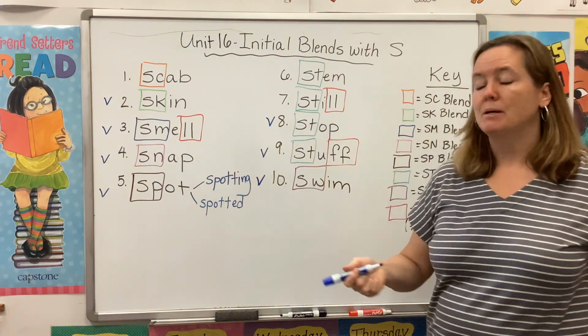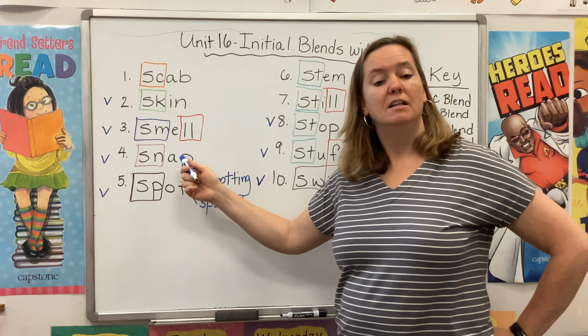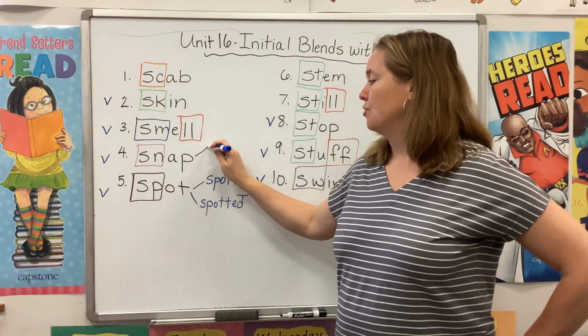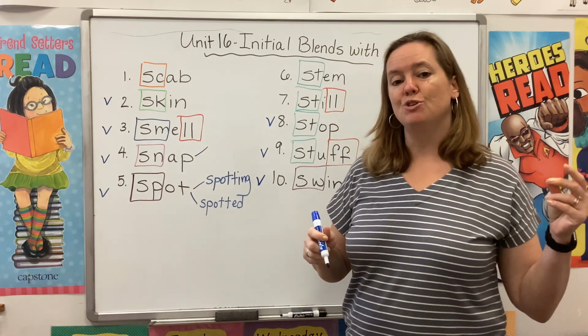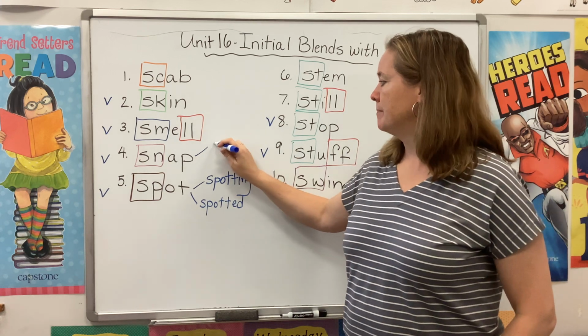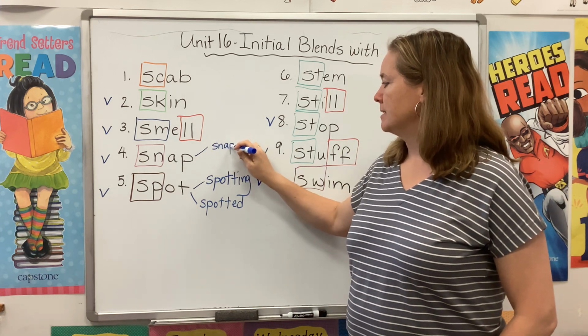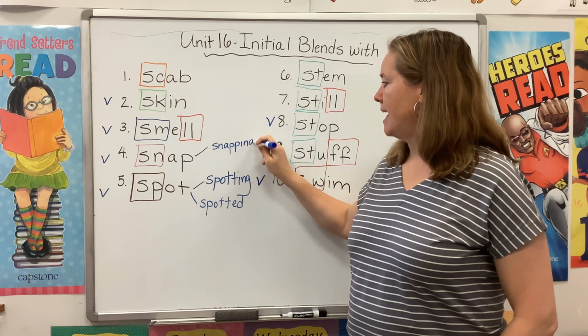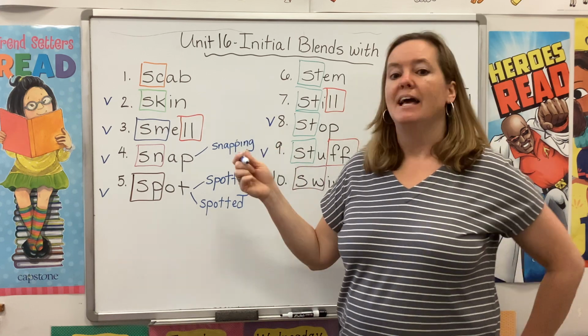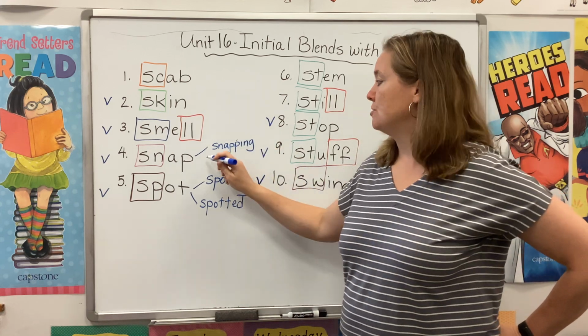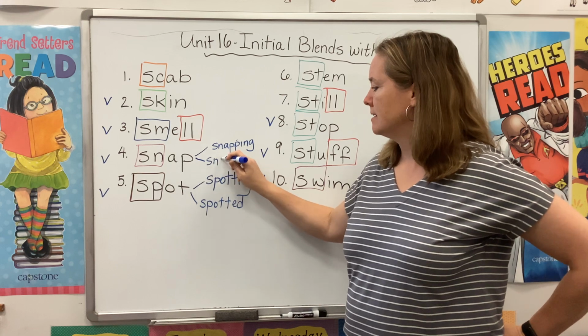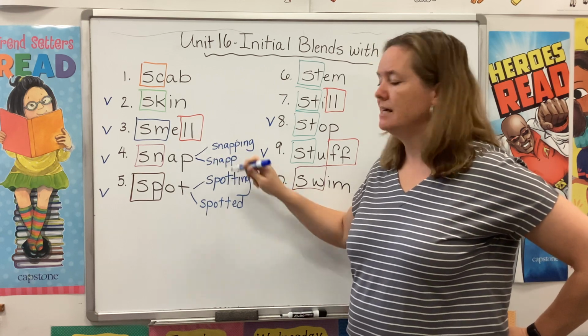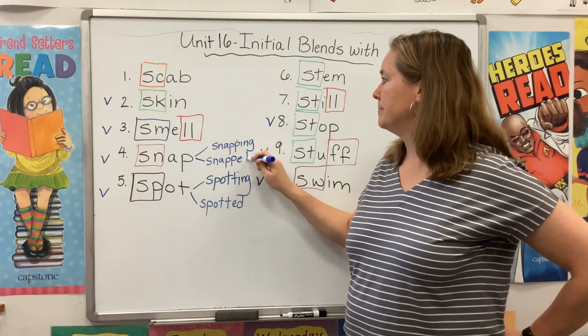Let's look at snap. We have a vowel and one consonant. So if I want to change snap to snapping, I double the P, add ing. If I want to change snap to snapped, double the P, add ed.